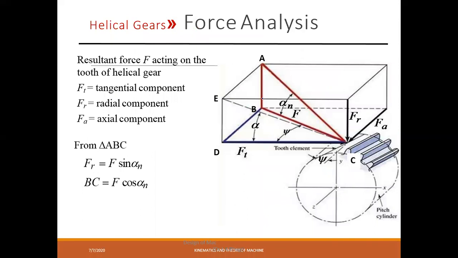So Fr is equal to F sin alpha n, right? Whereas BC is taken as F cos alpha n.